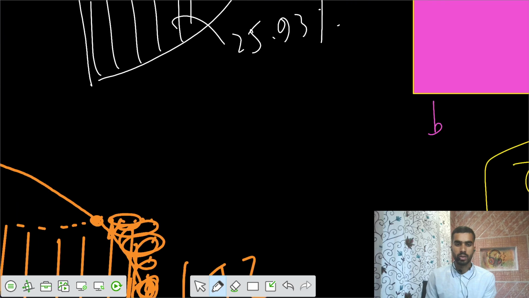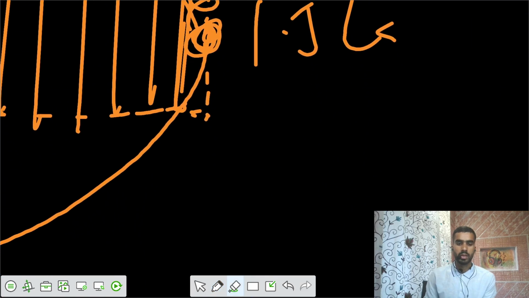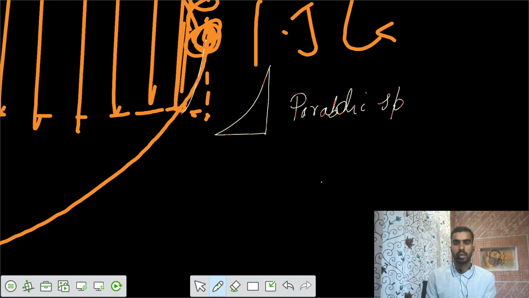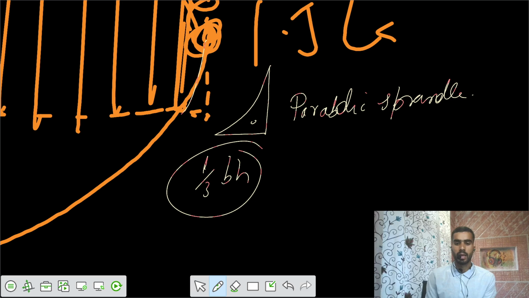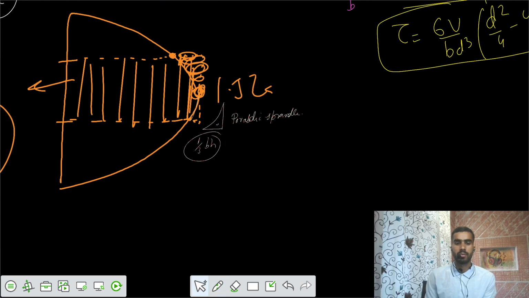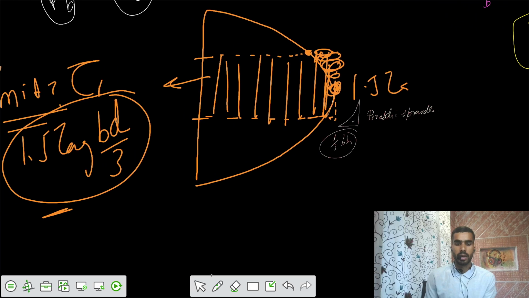If you zoom it out, we can have this smaller area. It's a parabolic variation, which means it would be a parabolic spandrel. So I can get the area: I know that area equals 1 by 3 of b h for this spandrel, and it's acting for this depth of d by 6, and this is also d by 6.